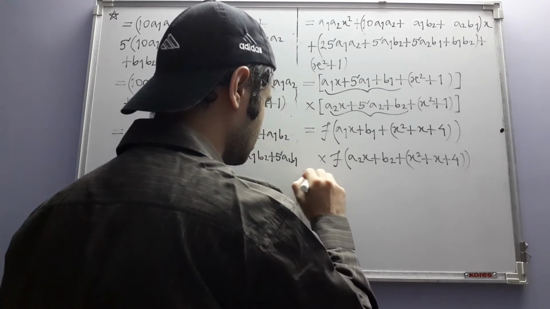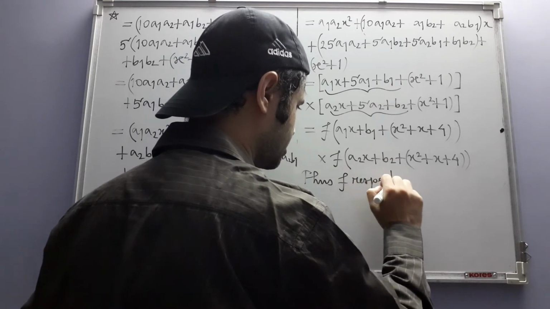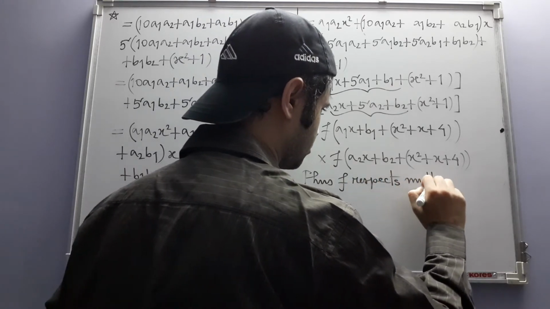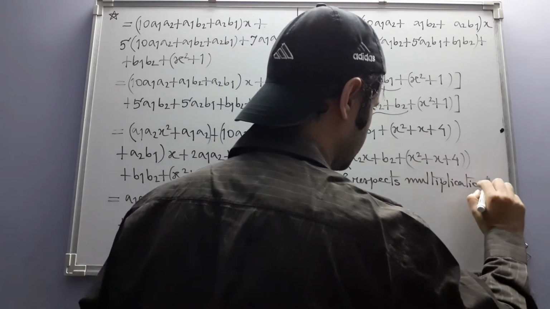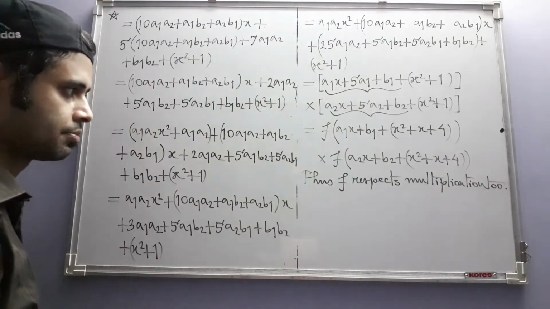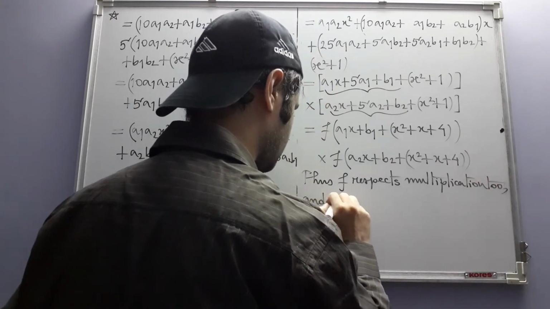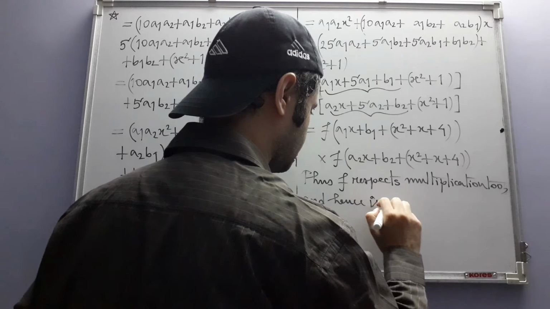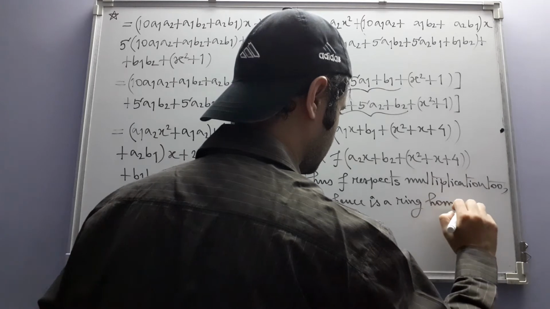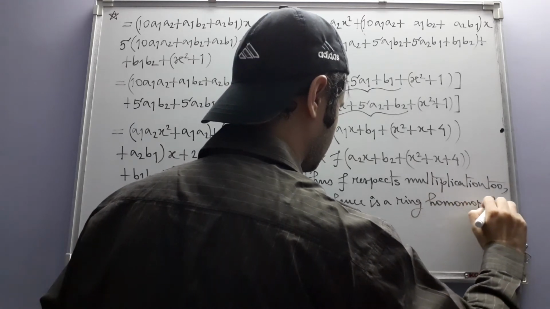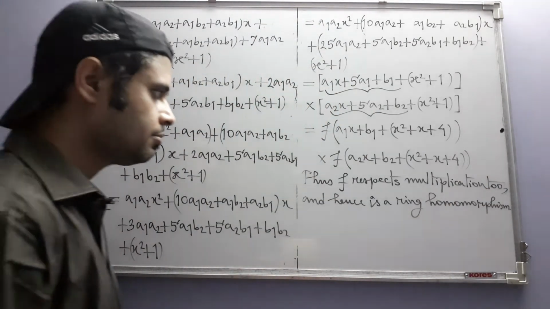Thus, f respects multiplication too, and hence is a ring homomorphism. Okay.